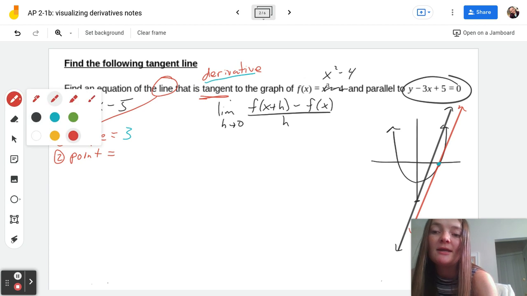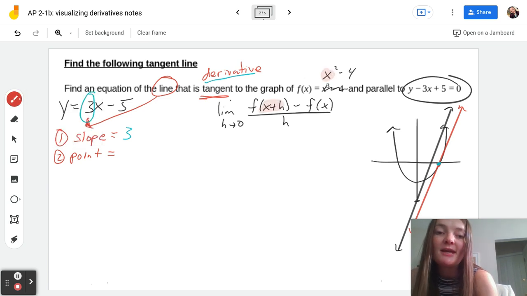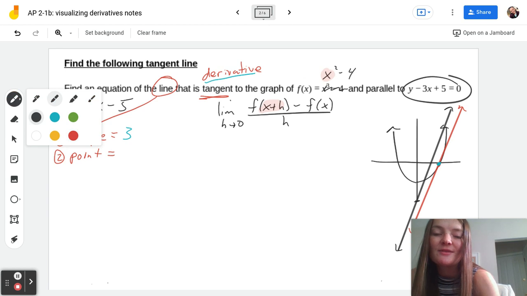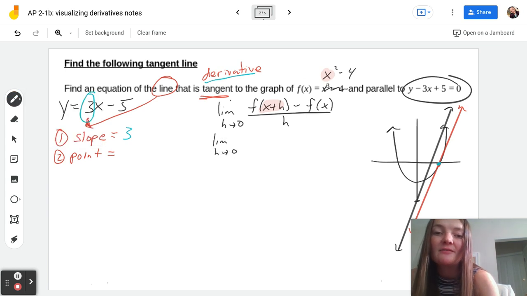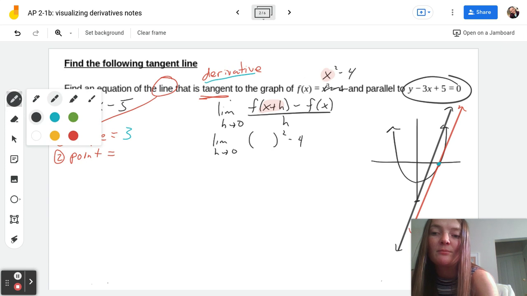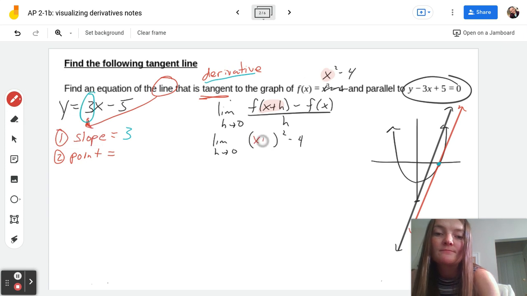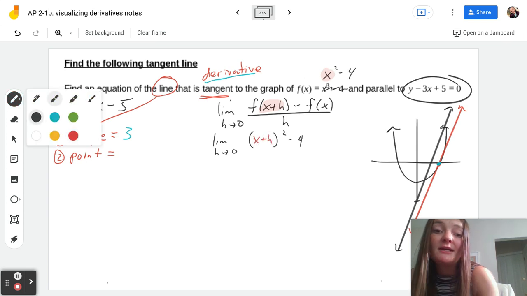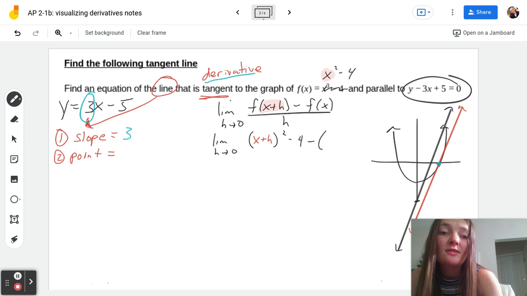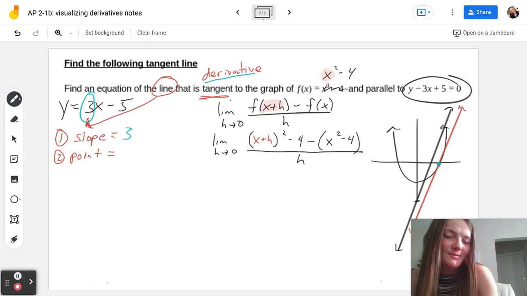I'm going to plug in x plus h into x. So this is going to be the limit as h approaches 0 of, instead of saying x squared minus 4, I'm going to say parentheses squared minus 4, and I'm going to put x plus h in. And then, be careful here, I'm going to subtract the whole function f of x, which is parentheses x squared minus 4. All I need to do now is do some algebra and solve.